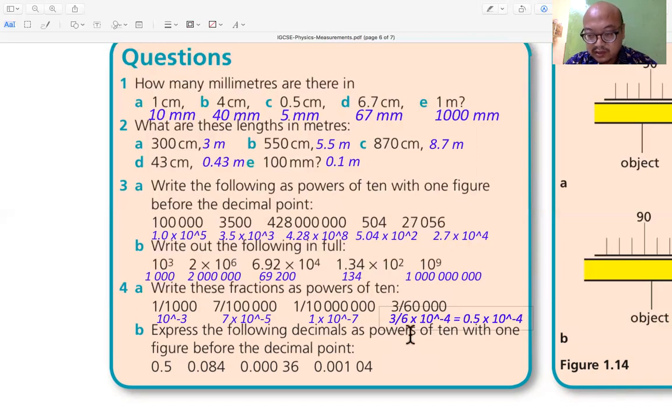Or we can only put 5, 5 times 10 power minus 5. Yeah, that's it.